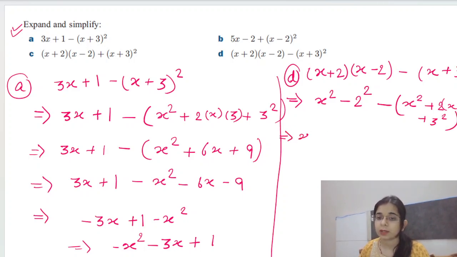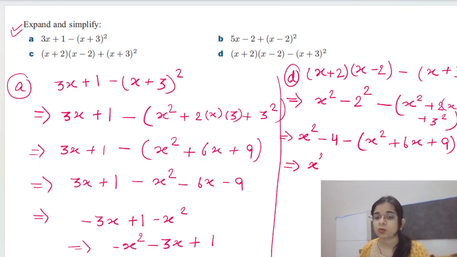So now this is x square minus 2 square is 4, minus as it is. We are not going to open the bracket now because we have to further solve it. x square, 2 into 3, 6x plus 9. So x square minus 4.